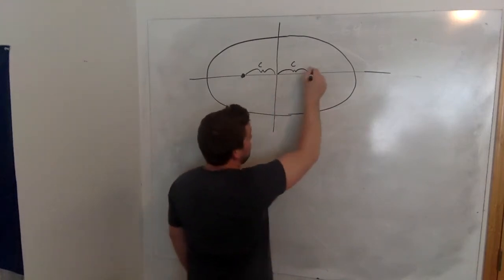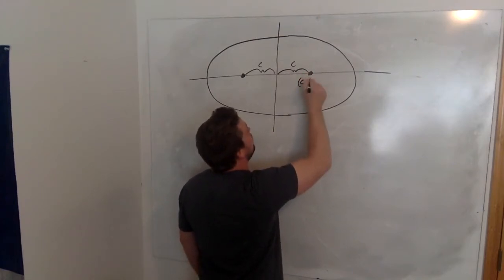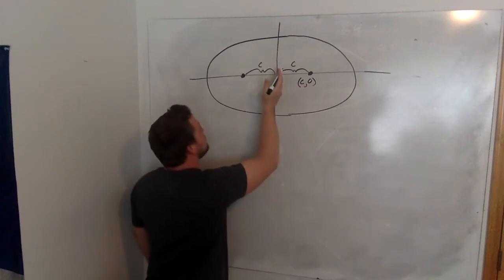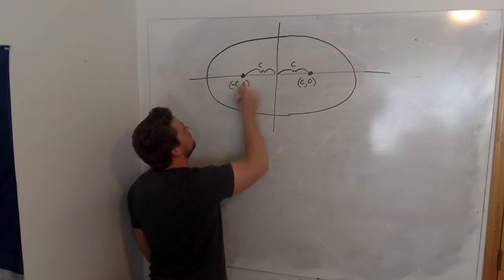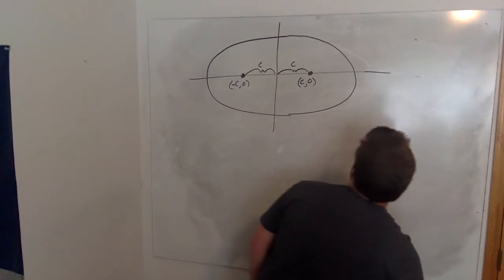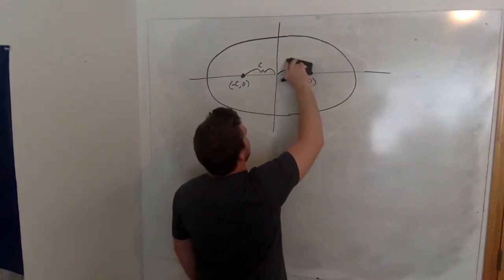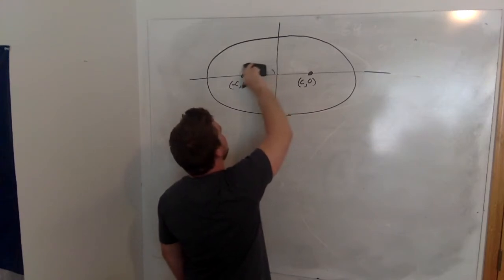For this focus right here, it'll have an x-coordinate of c and a y-coordinate of 0. Since we're to the left of the origin, the coordinates here will be negative c and 0. So those are the coordinates of those two spots. Just so our picture isn't too crowded, let's erase these c's here.